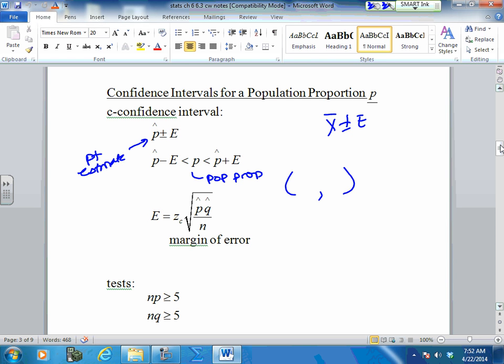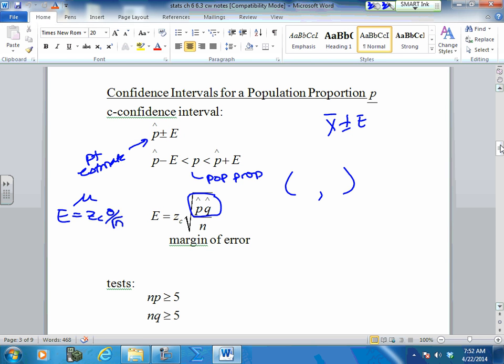Now, your margin of error formula is different than your other one. Your margin of error formula before was your ZC, standard deviation, over the square root of n. That was for when we did your mean, your population mean we were looking for. When we're doing your proportion, this is your p hat, q hat. Notice you don't know a population standard deviation, or do you know the sample standard deviation? No one gave you information about that.